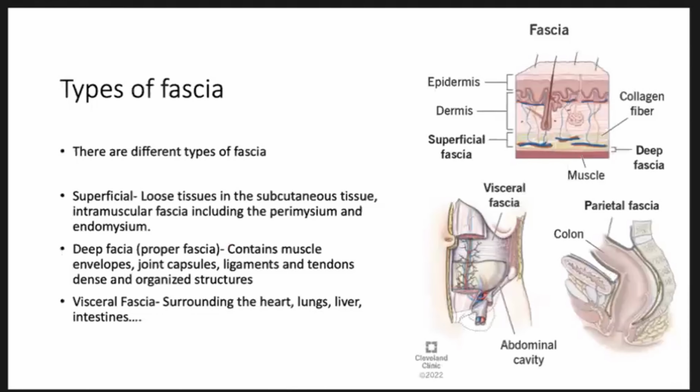Science is always changing. So when we're looking at the fascia, we get different layers of fascia. Now, if we look at this image here, we can see that this is our skin, and that's the surface of our skin, and you can see the hair coming through it. Now, a lot of the superficial fascia is really just underneath that layer of skin. And that superficial fascia is loosely connected.